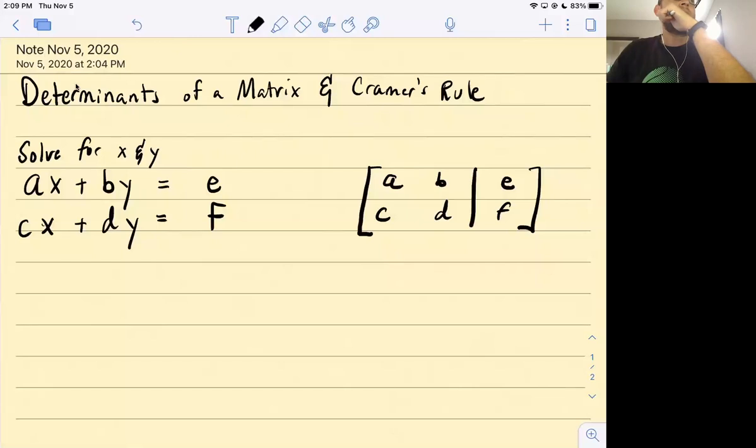Does anyone see a nice way to do elimination? Well, let's say I wanted to eliminate X. What would I need to do to the first equation and the second equation if I want to get rid of X? And Kenji was very close. You said you wanted to cancel them out. But before you subtract, what do you need to make sure about the X?